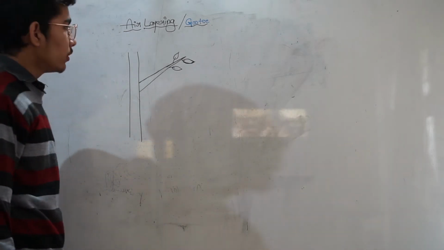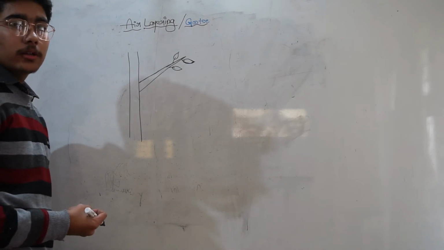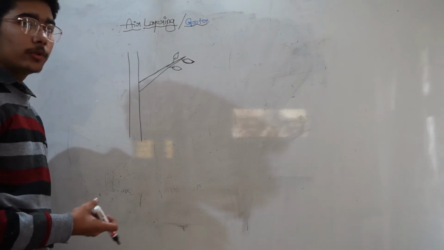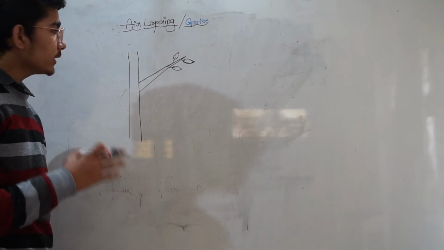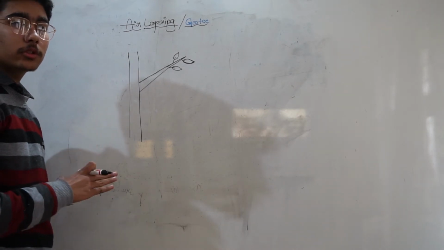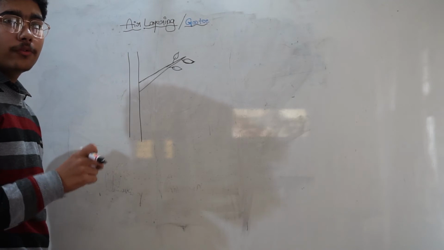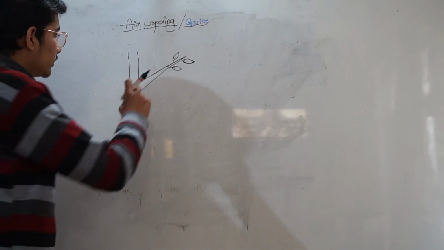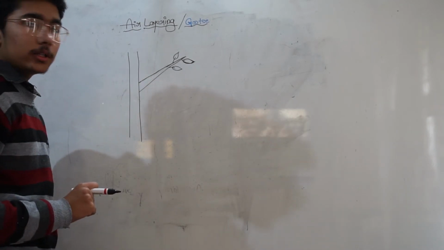Now, to perform air layering, first we will remove the bark. The bark is removed from this shoot system in the form of a ring. So basically what is bark?